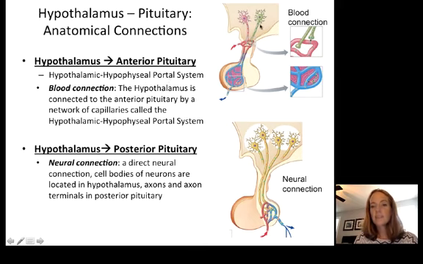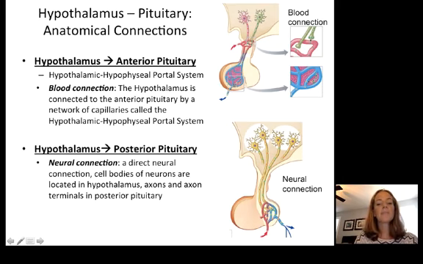So here's your hypothalamus, you have neurons in the hypothalamus that are producing hormones, and those hormones, hopefully you can see these sort of green and red and blue dots, are then passing through the bloodstream, through this hypophyseal portal system, and going down to the anterior pituitary. So we have hormones produced in the hypothalamus passing through the blood. So these are true hormones going straight through the blood and then making changes in the anterior pituitary. So their targets are in the anterior pituitary.